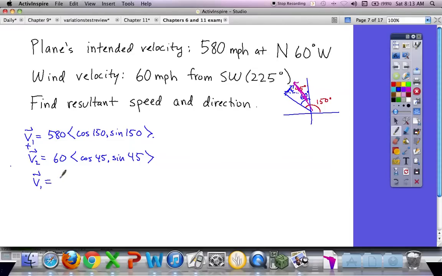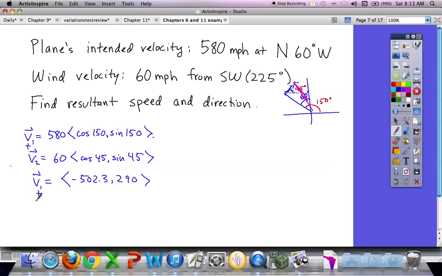equals, and I'm going to go right ahead and do this on my calculator. 580 cosine of 150 is negative 502.3. And 580 sine of 150 is 290.